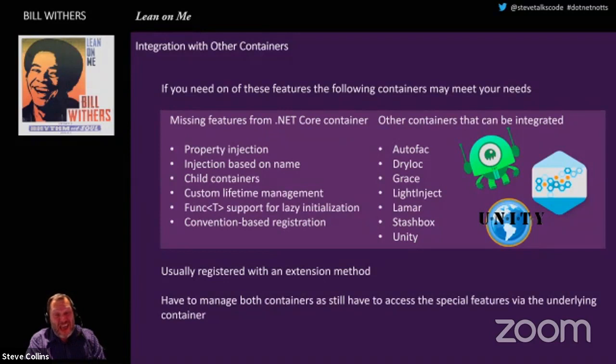So it's only really if you desperately need those additional features that I would say use those containers. When I first started with .NET Core, I'd been using Autofac and I just thought, well, I'm just going to automatically wire Autofac in. And then after a couple of projects, I realized I don't actually need Autofac. The default container does pretty much everything I need it to do.